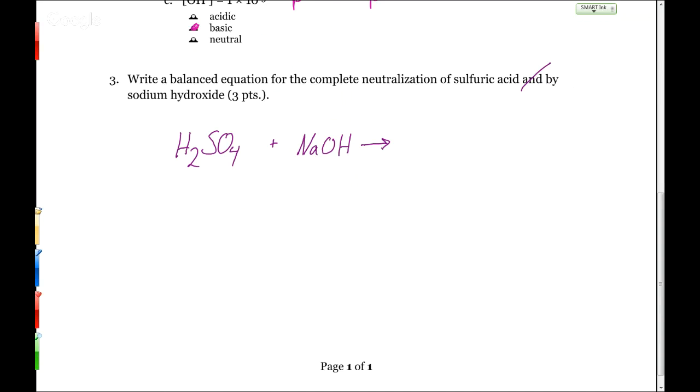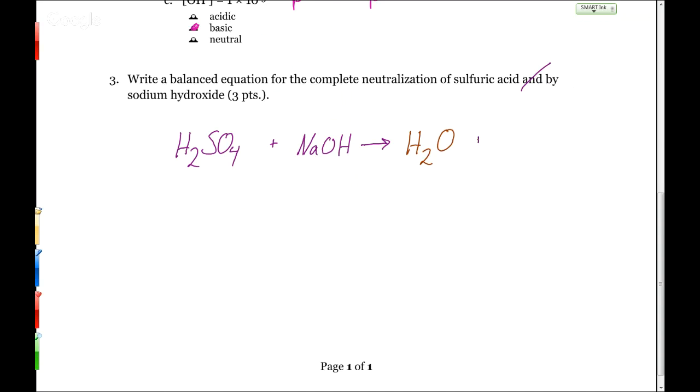Complete neutralization assumes that it's actually going in that direction. So the complete neutralization forms what? Do you remember from lab or anything? Neutralization always forms water. So water is always a product of neutralization. You take an acid, a base, combine them, make water.